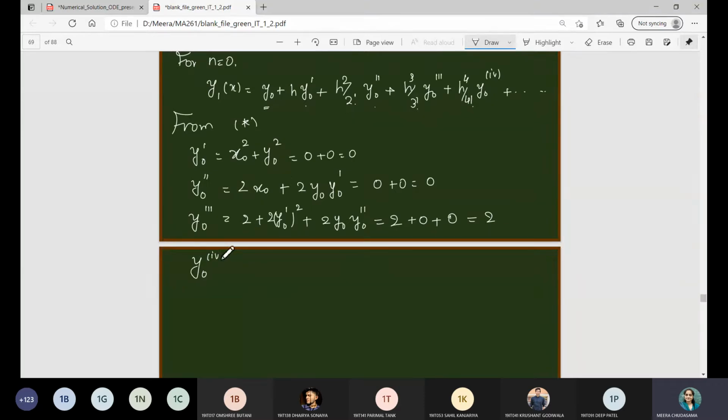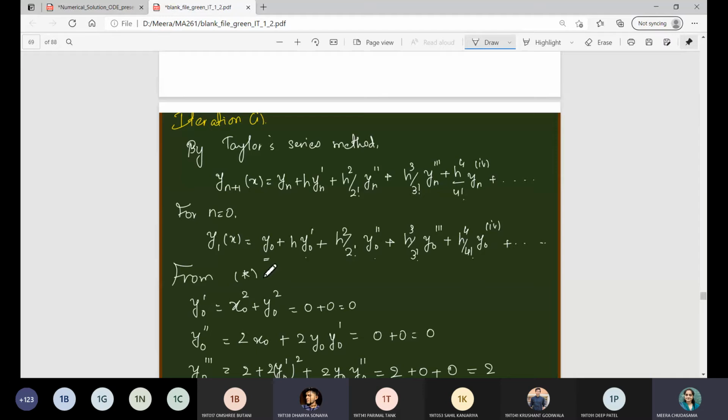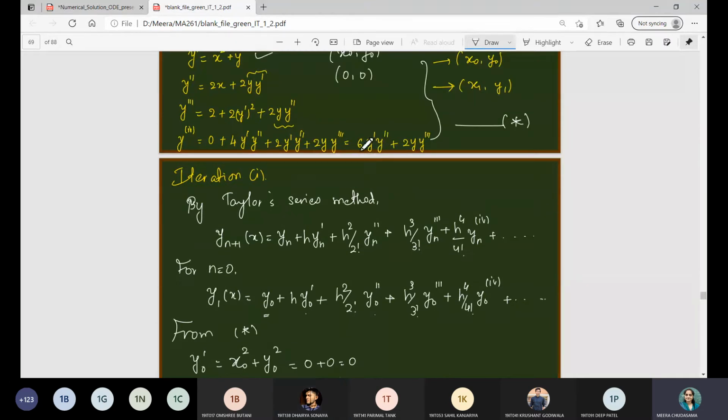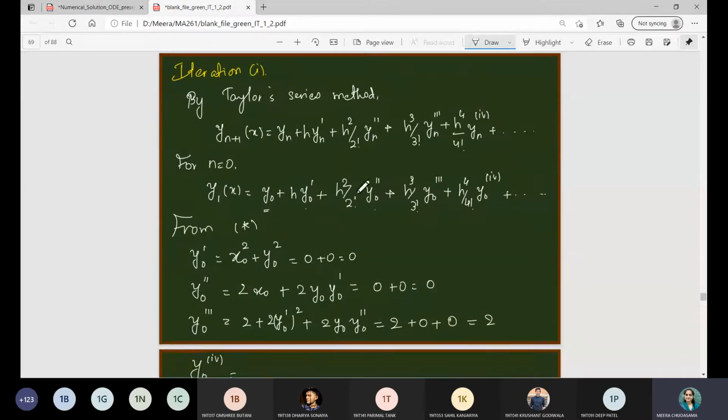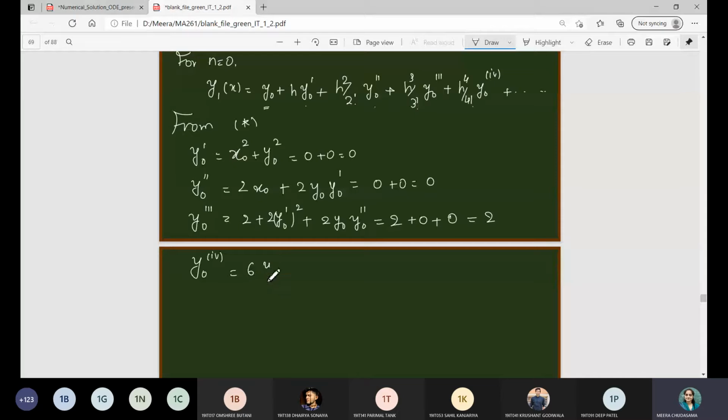y0 fourth order derivative. So what it will be? By the expression it is 6 y dash y double dash plus 2y y triple dash. So it is 6 y0 dash y0 double dash plus 2 y0 y0 triple dash.